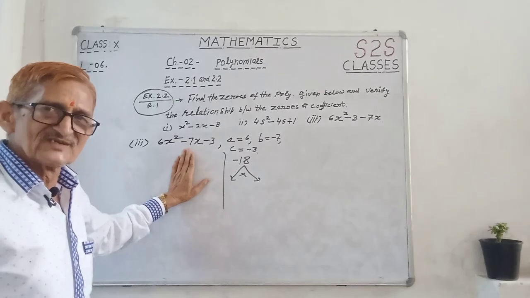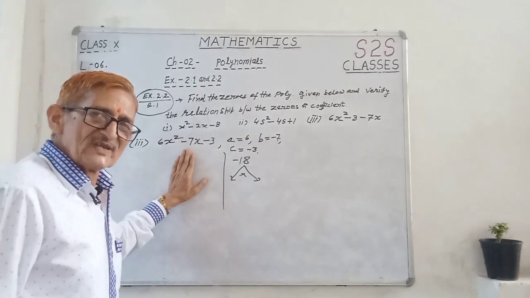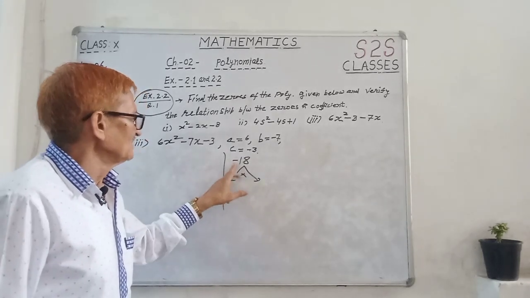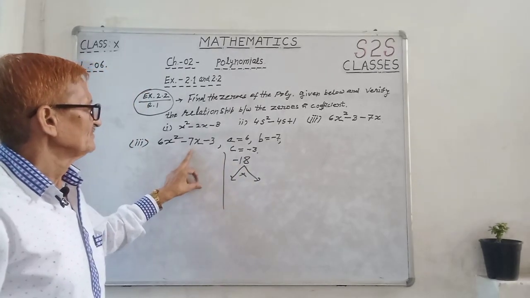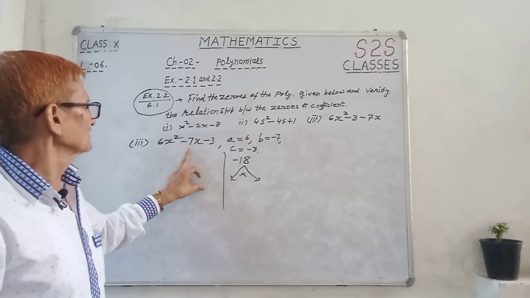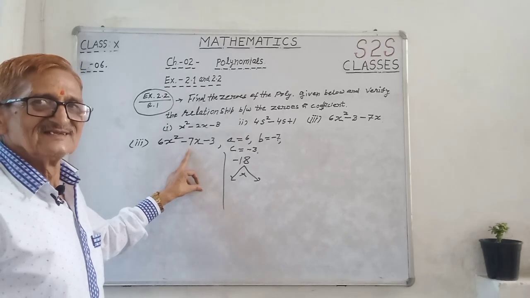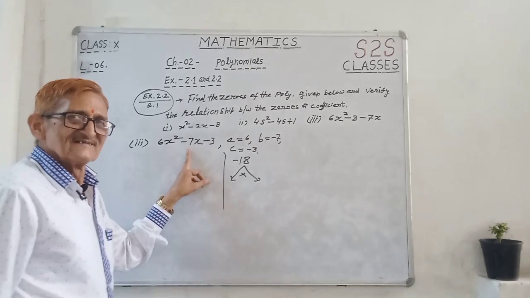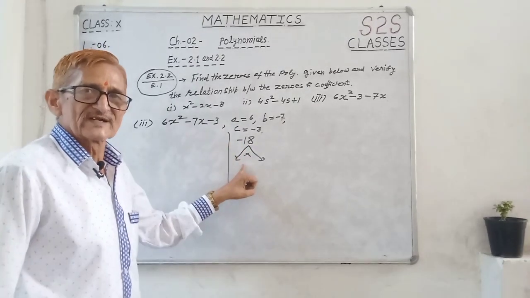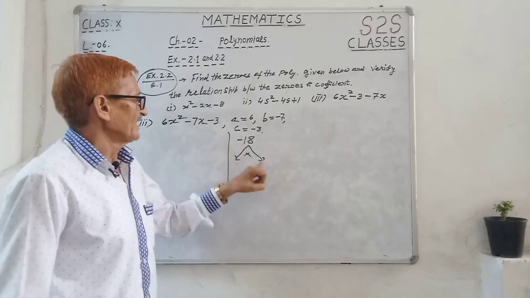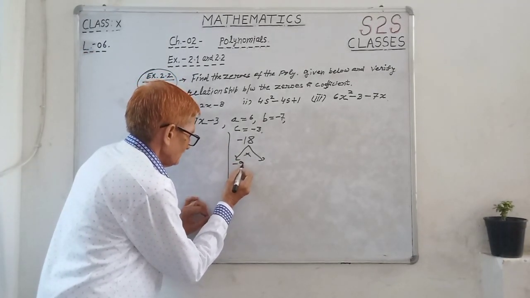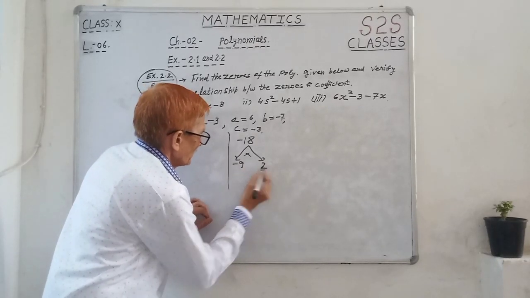Those whose sum is minus 7, and when we multiply them the result is minus 18. So think. 6 times 3 is 18, but the sum of 6 and 3 will not work. 9 times 2 is 18. Now for this minus 18, such two factors whose sum is minus 7: 9 times 2 is 18, minus 9 and plus 2.